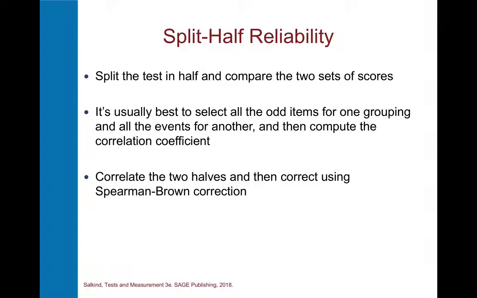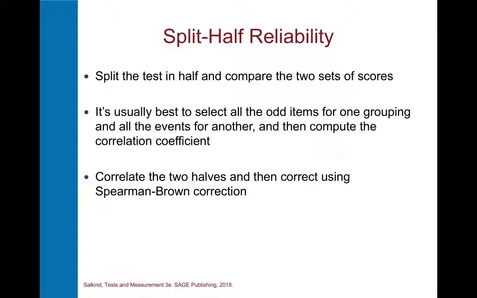What you don't want to do, for example, is group the first half of the questions. Let's say you have 20 items in a scale. You don't want to group the first 10 into one group and the last 10 into the other group, because you may have fatigue starting to come in towards the later end of the test.